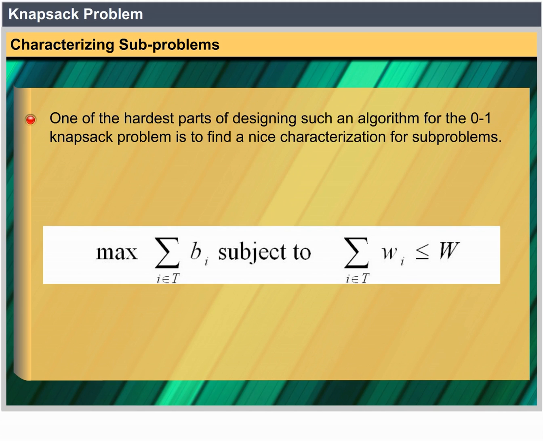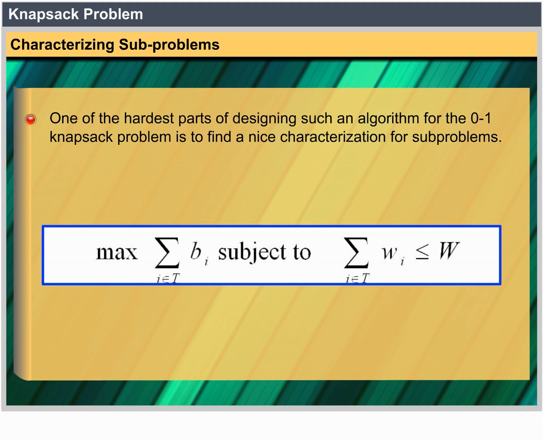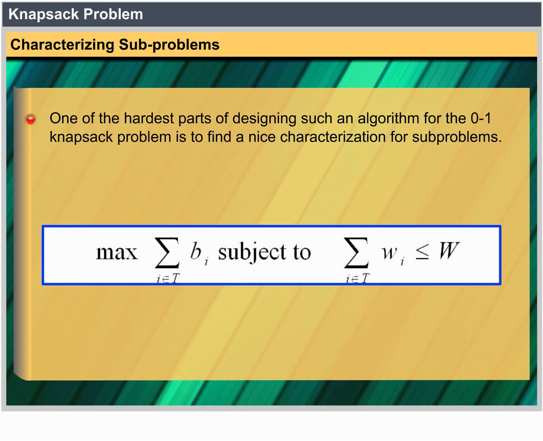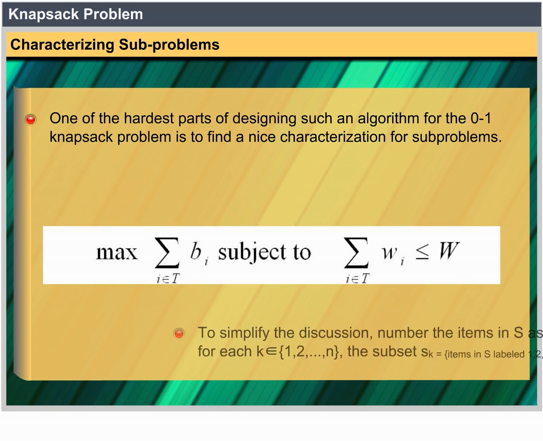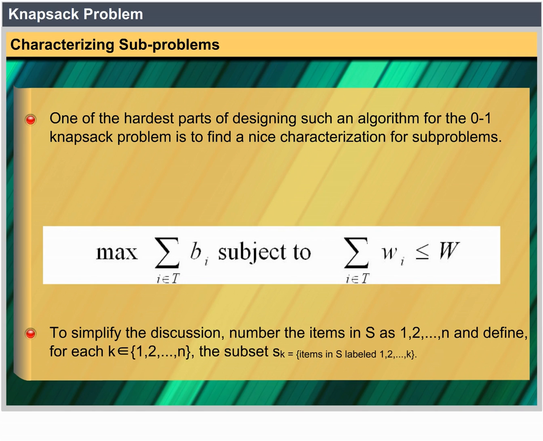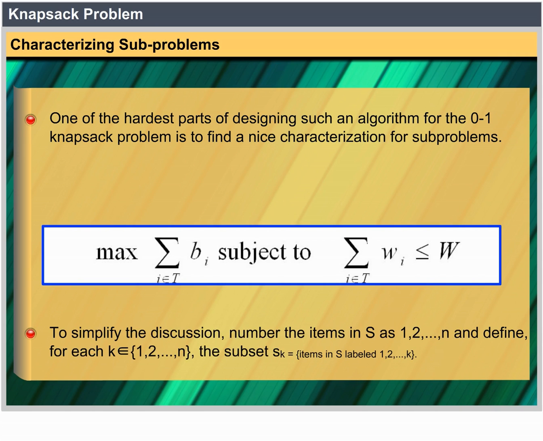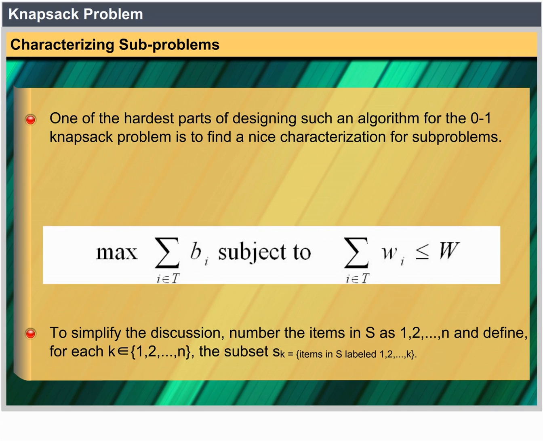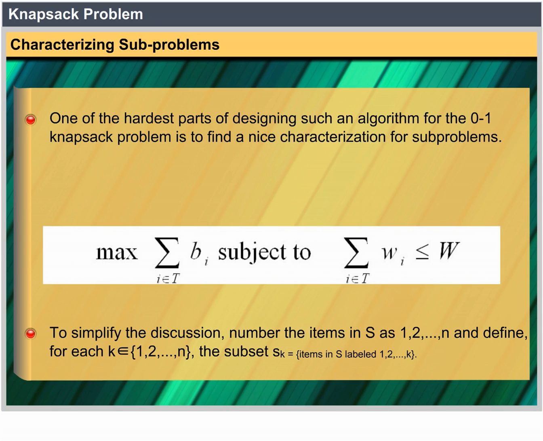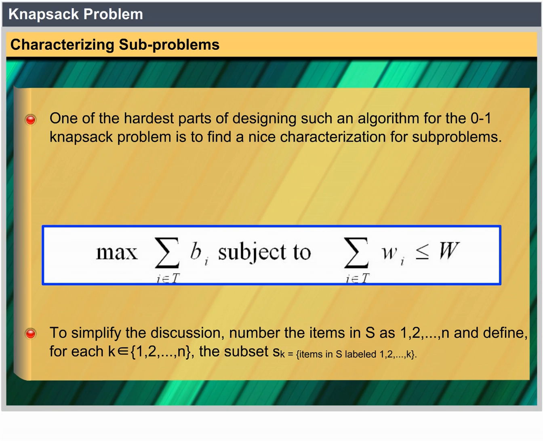One of the hardest parts of designing such an algorithm is to find a nice characterization for subproblems. To simplify the discussion, number the items in S as 1 to n and define, for each k belonging to the set 1 to n, the subset Sk containing items in S labeled 1, 2, up to k.